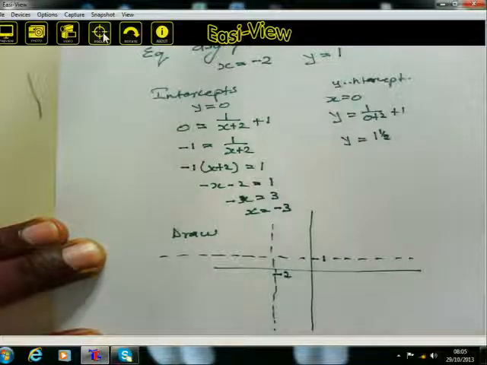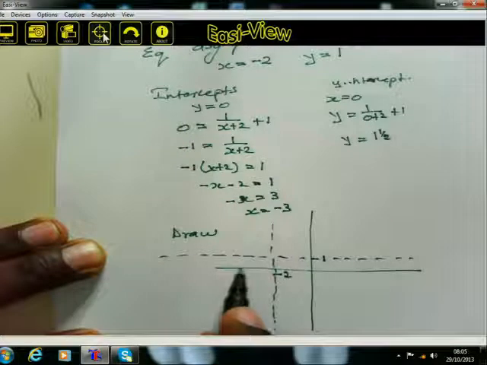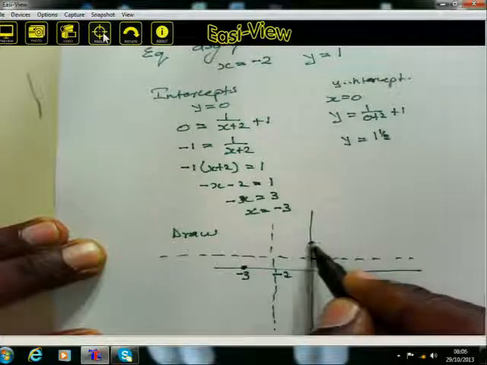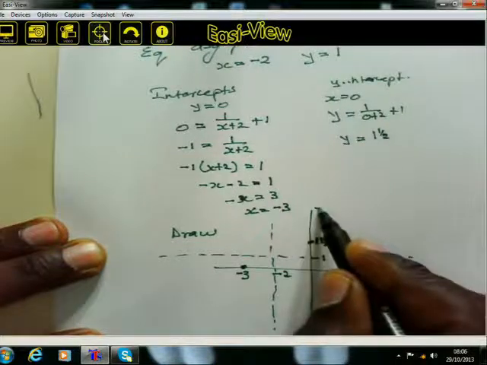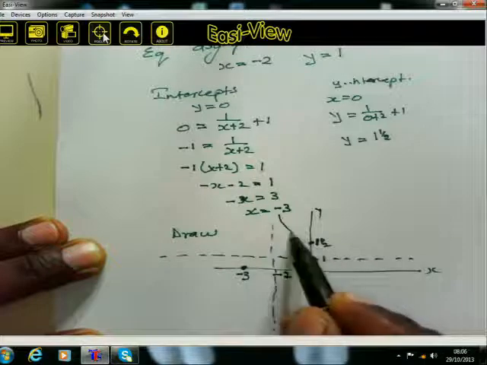After that, the intercepts. X is -3. -3 is on this side. And the other intercept y is 1.5. Here it's 1.5. And then we draw our graph.